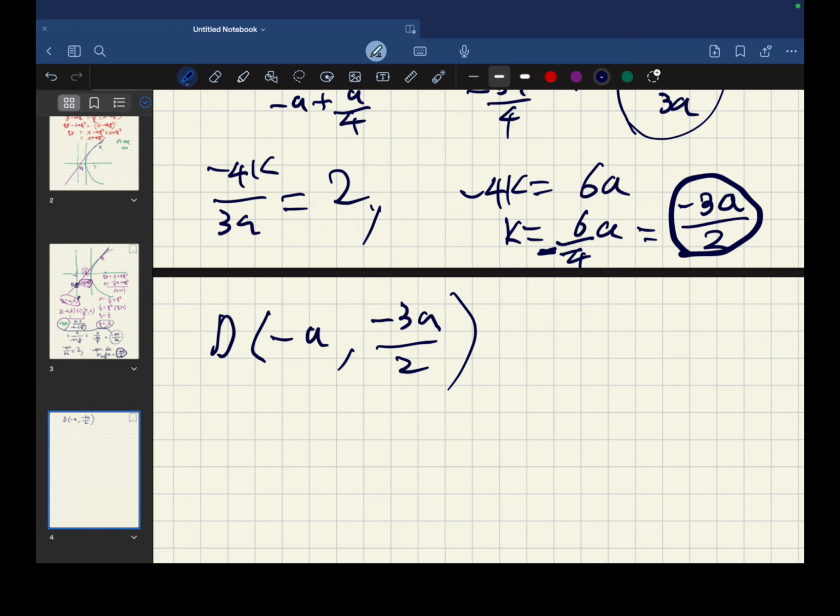And next, given that the point F is the focus of the parabola C, find the area in terms of a of the triangle FXD, giving your answer in its simplest form.